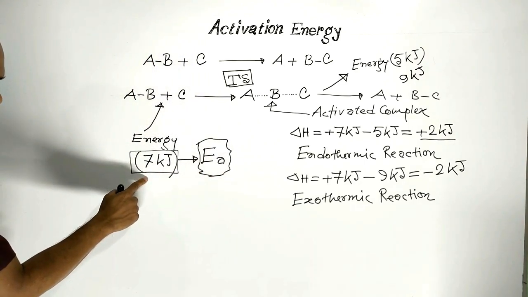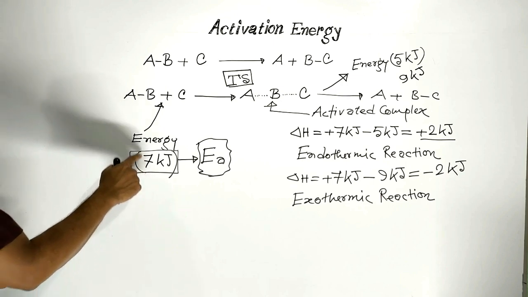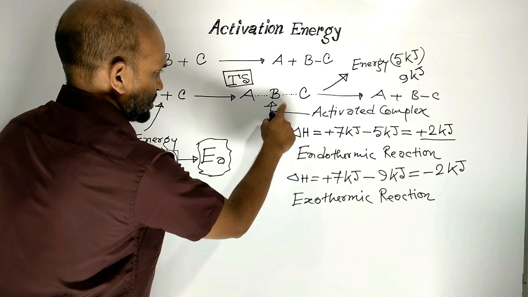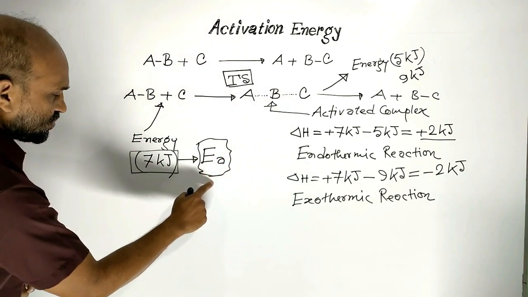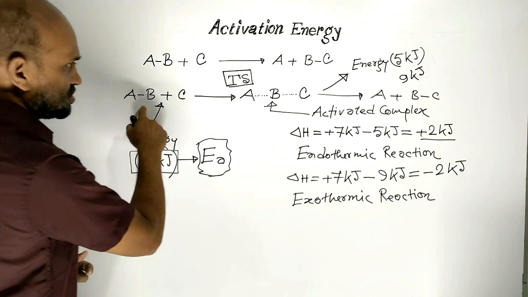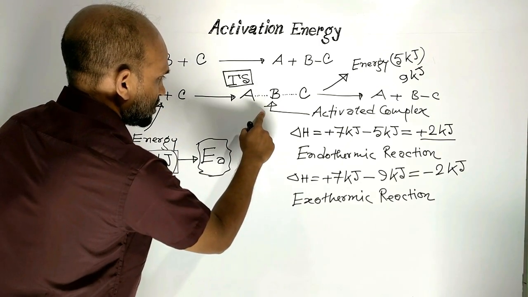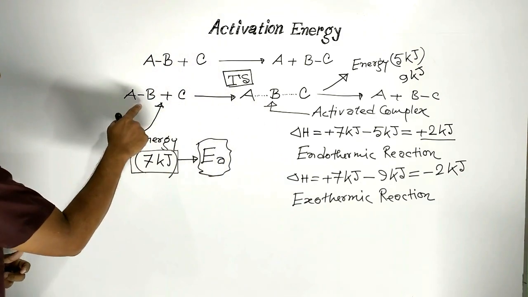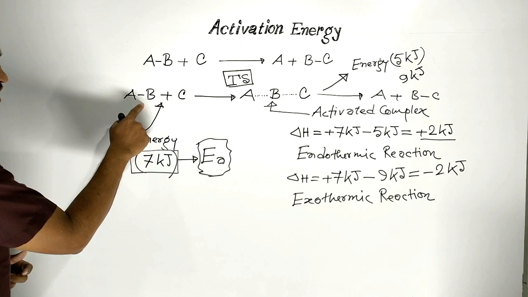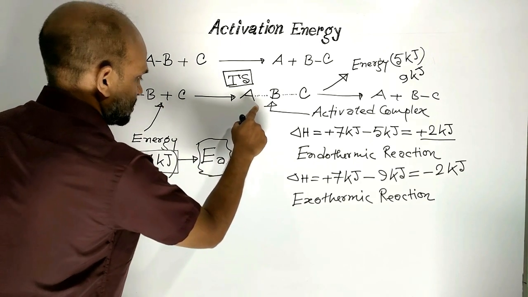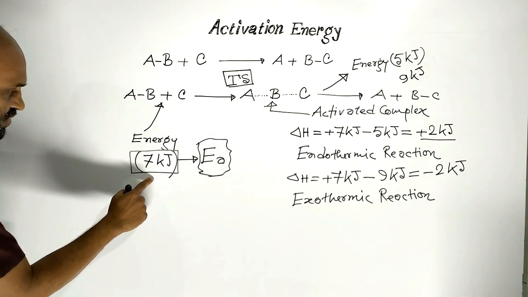The amount of energy which is required for reactants to occur a chemical reaction. The amount of energy which is required to take reactants to form activated complex. The amount of energy which is required to take reactant molecules to the transition state. That amount of energy is called activation energy.